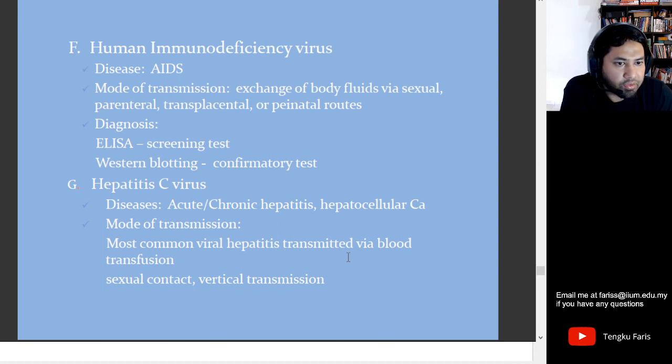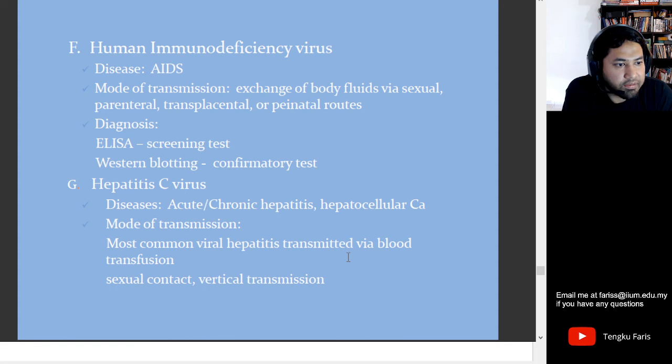We can diagnose them based on the screening test using the enzyme-linked immunosorbent assay. We call it ELISA. With Western blotting, we can confirm the size of the protein that has been synthesized.